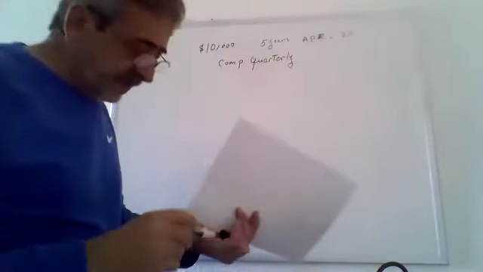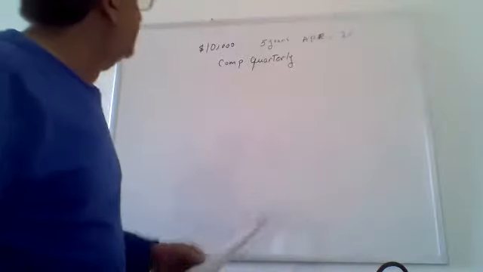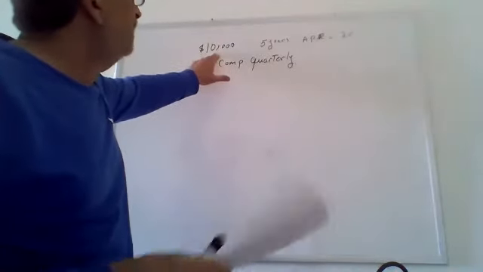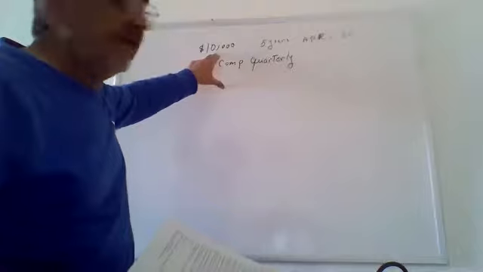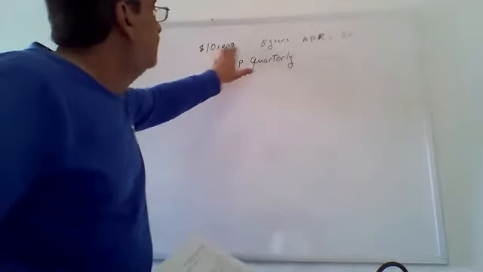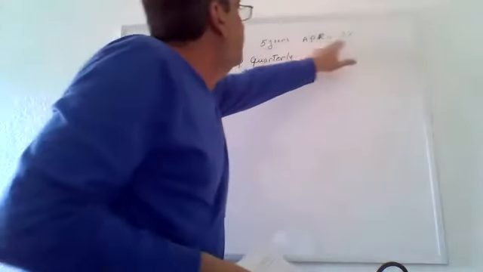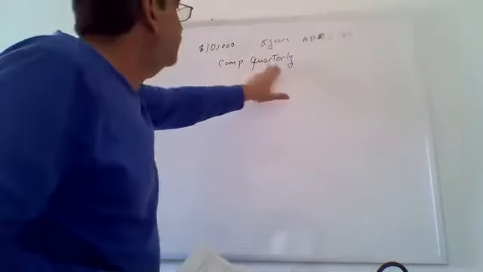For this particular problem, we're looking at how much money would be in the future if I invested $10,000 for 5 years. APR is 2% compounded quarterly.